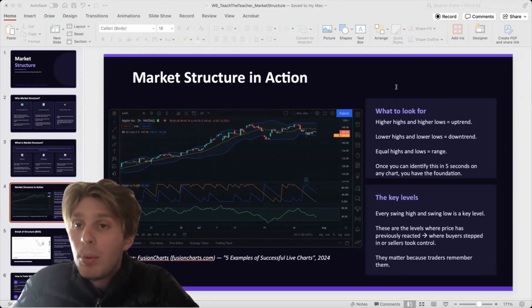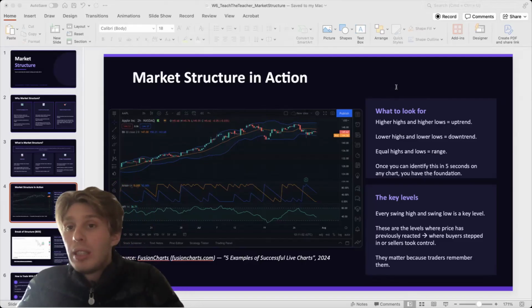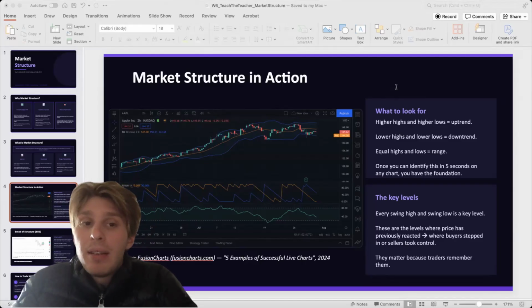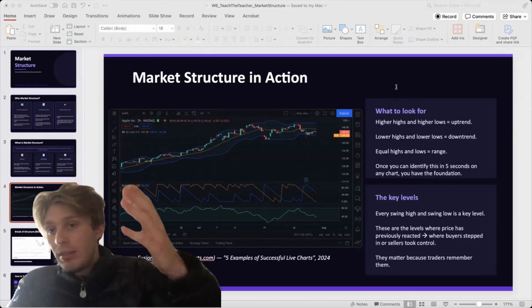It will have a pullback, no? And the sellers are losing strength. So the swings between these points should be your key levels. They are basically where price has reacted before, and you can use them to predict that the price will react the same way in the future.